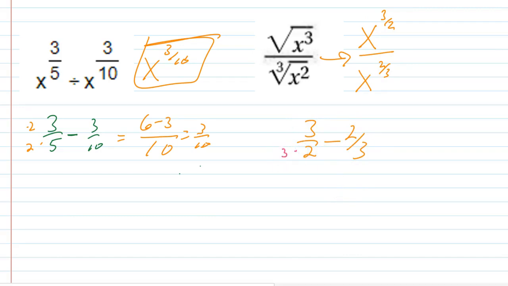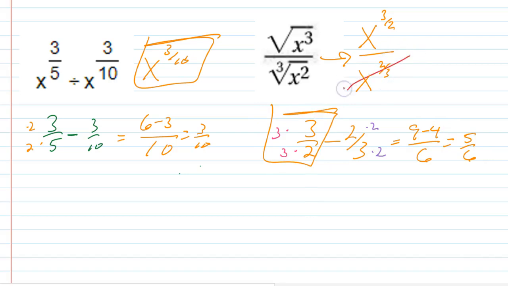I'm going to multiply the left by 3 and the right by 2, which gives me a common denominator of 6. And 9 minus 4 is equal to 5 over 6. Notice the top was bigger, so that means that the bottom was going to cancel out completely, giving me a final answer of x to the power of 5 over 6.